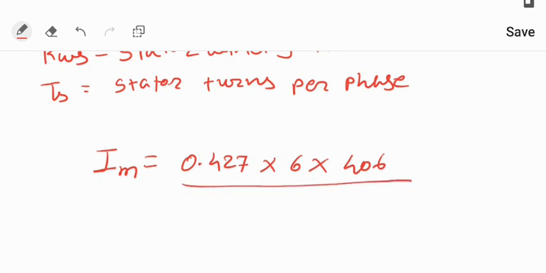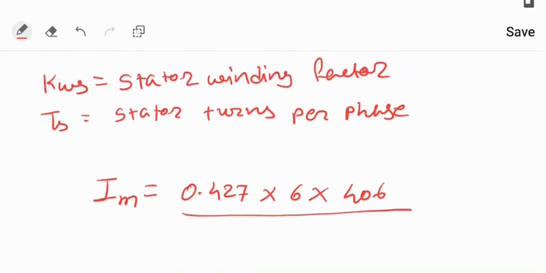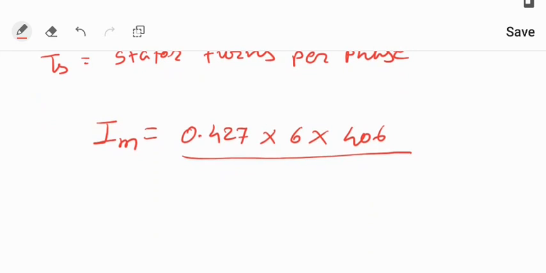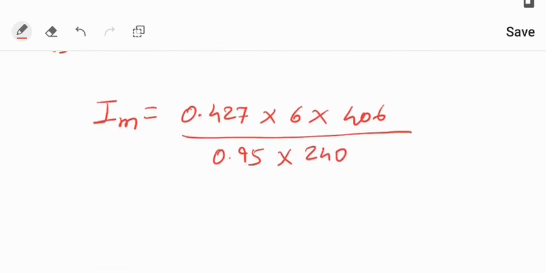KWS, the stator winding factor, which is 0.95, into 240, the stator turns per phase. Okay, so finally when we do this calculation, we will get the answer.